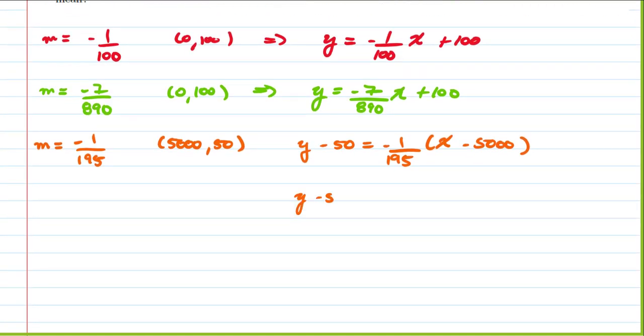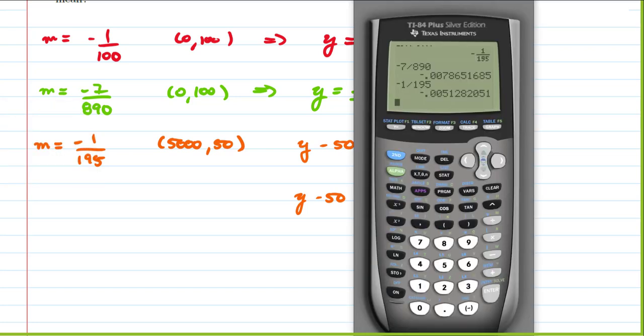So we get y minus 50 is equal to negative 1 over 195 x, then we distribute the negative 1 over 195 into our fraction, so times our negative 5,000, and we get 1,000 over 39.